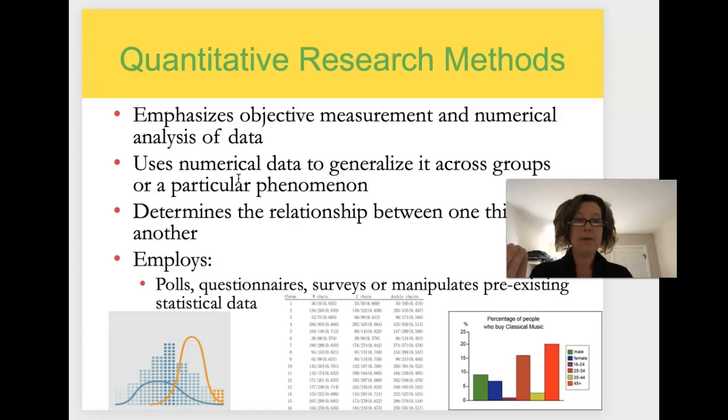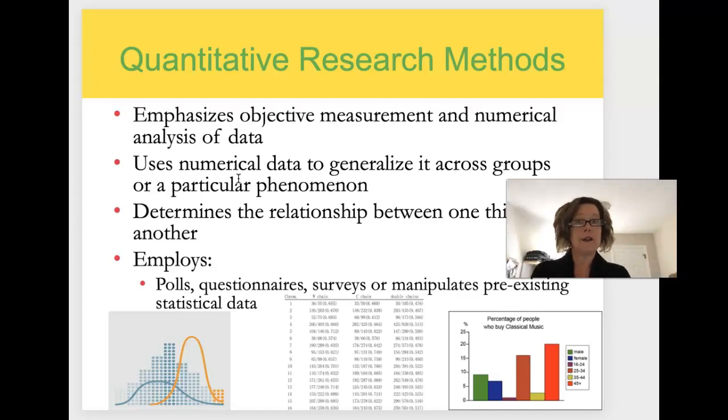Okay, so it is very much about this is happening, this is the cause, and this is the effect. They can make these generalizations because usually it's a large sample size, and because of their large sample size they can actually make a causal relationship.